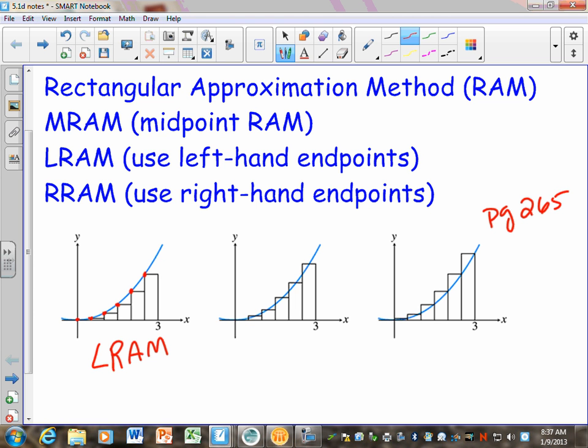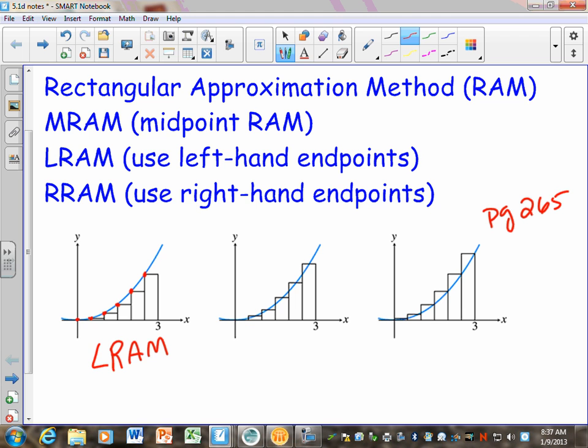Is it underestimating, overestimating, or exactly right? It's underestimating, because you notice all these rectangles are underneath the curve. You see that? And so with left endpoints on this one, you're definitely going to know that that's an underestimate.